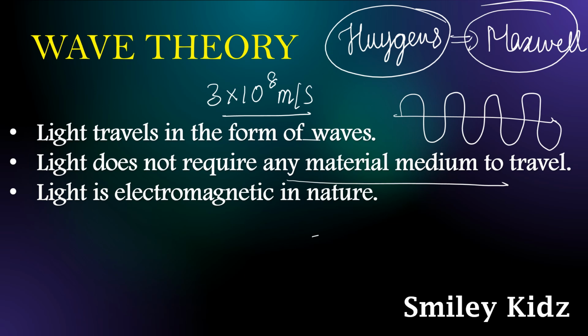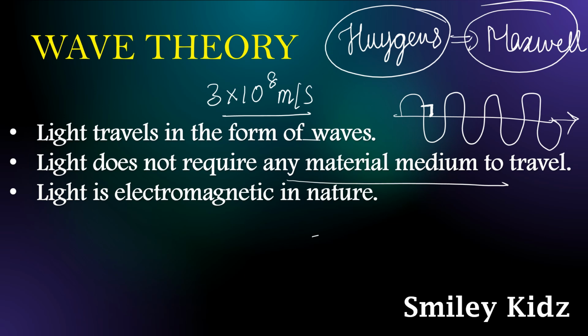Next thing is that light is electromagnetic in nature. This means that the light is propagated as electromagnetic wave in which electric and magnetic field vectors vibrate perpendicular to the direction of the propagation and they carry energy with them.